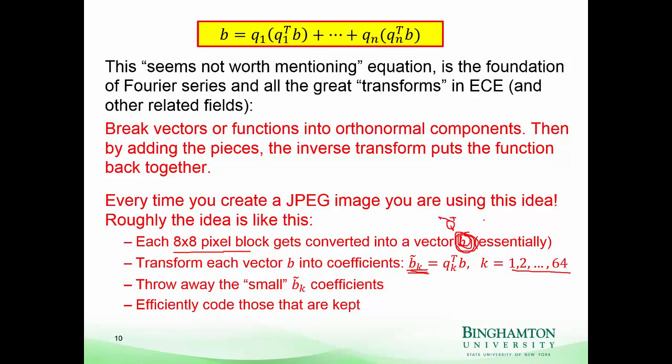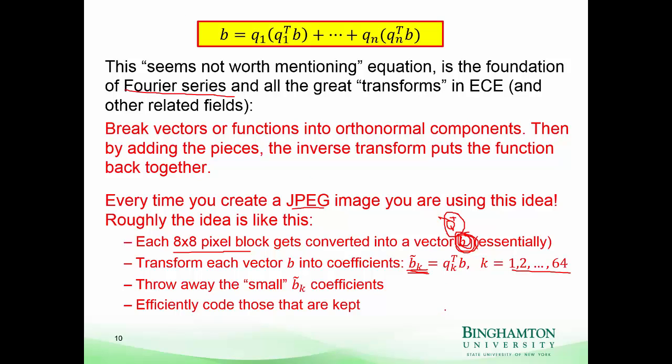So I haven't really done much, but I've converted into a new, quote-unquote, domain, the transform domain, where the B tildes live. And if I pick my Q matrix correctly, and for JPEG there's a very special Q matrix that we pick, it's called the DCT, the discrete cosine transform, which is related to the Fourier series.